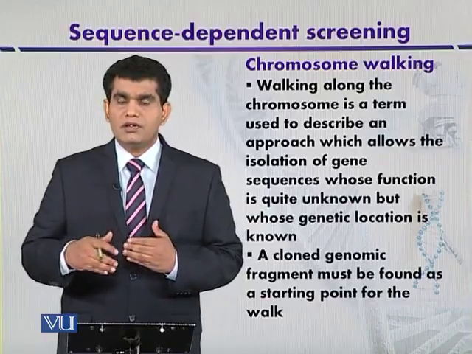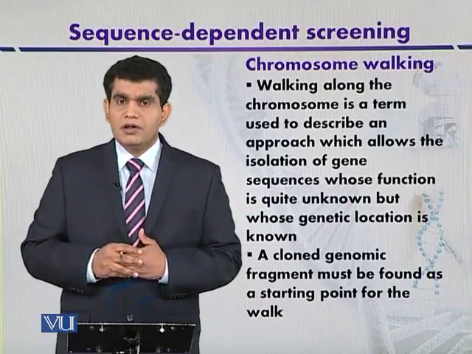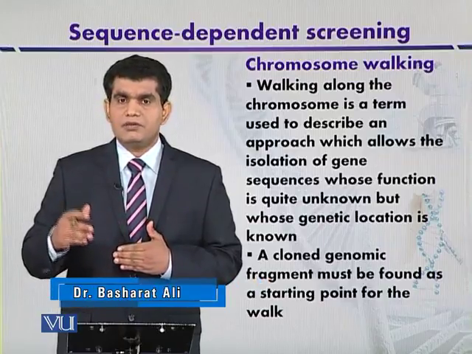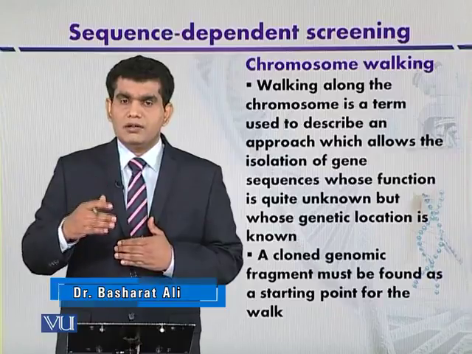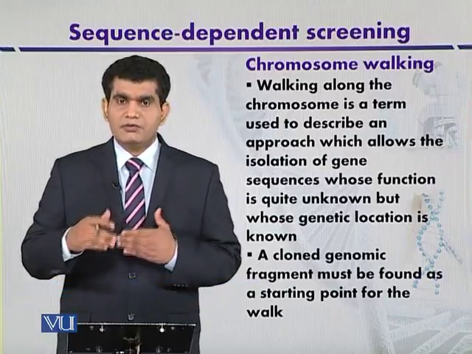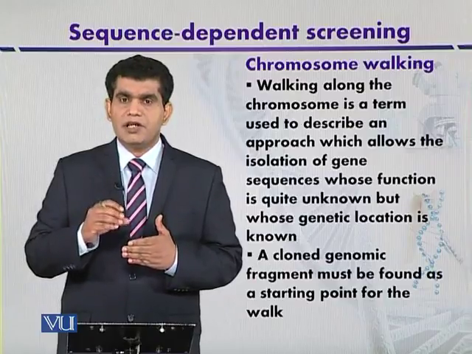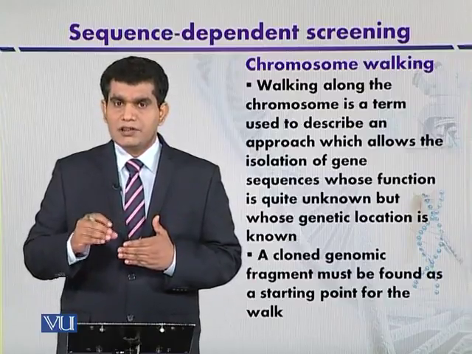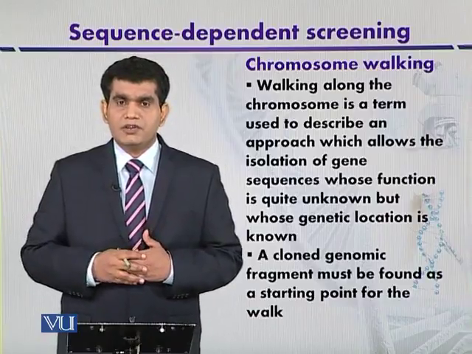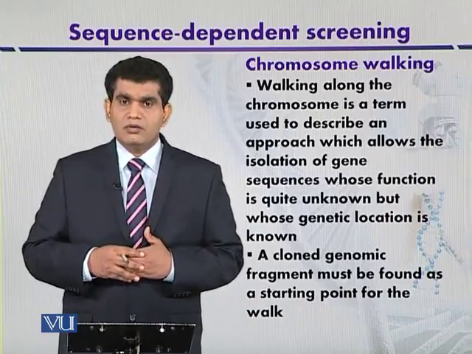These overlapping fragments can be used for the detection of neighboring fragments, because these random fragments can overlap with each other. Their ends will overlap, and one of the fragments can be used to detect the next fragment by a technique which is called chromosome walking.